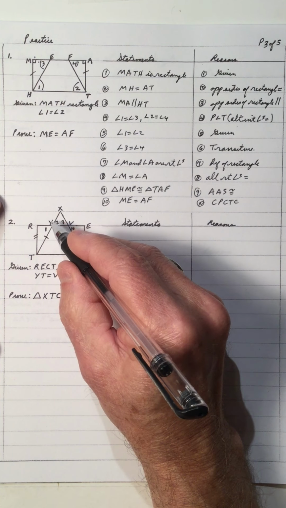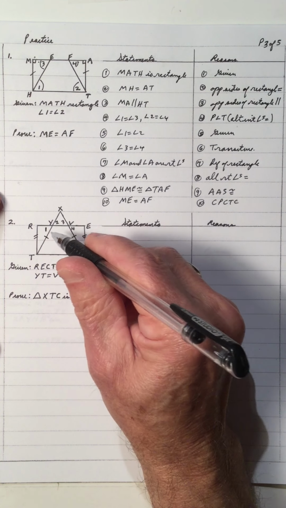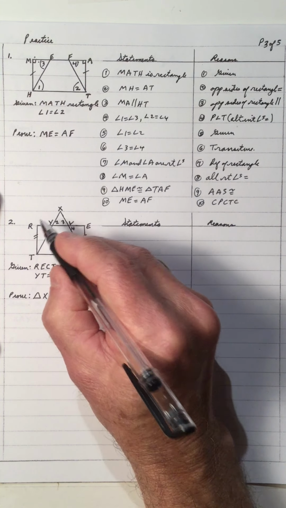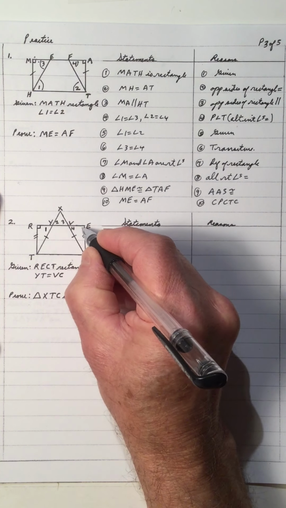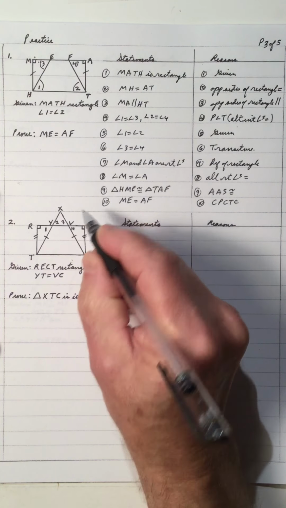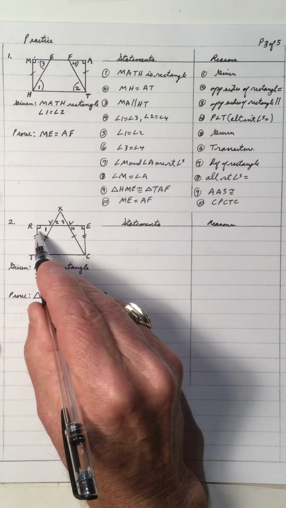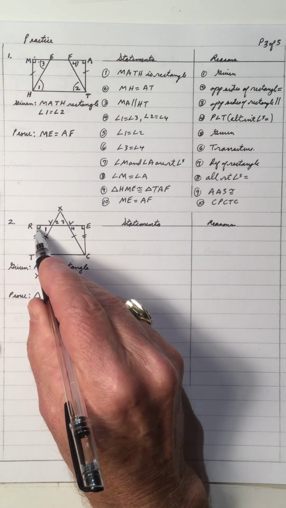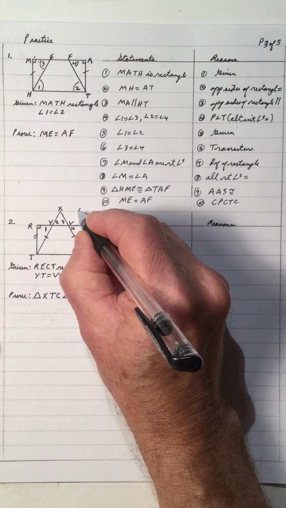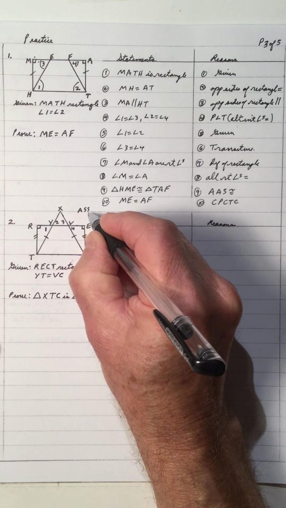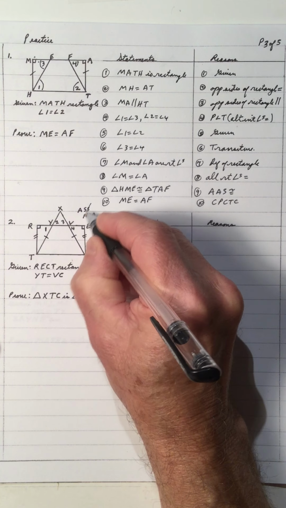And I have an angle here, yes I do. I have a rectangle, so I have a right angle. But if I say these right angles are equal, then I'll have an ASS. And remember, an ASS and an AAA are not used in proofs.